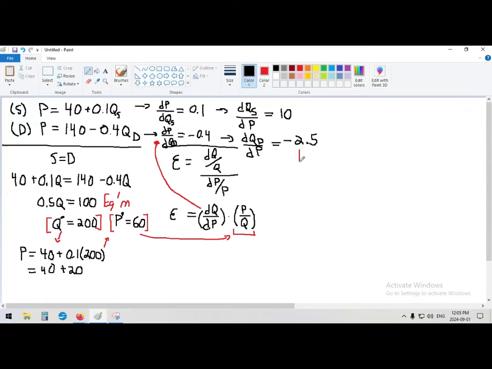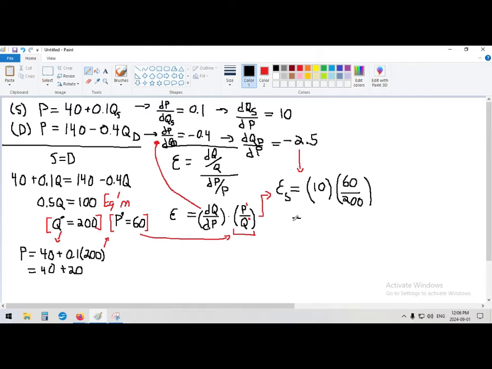Now that we have that work, we can combine everything together and figure out our elasticity for each curve. For supply, we just follow the equation. The change in quantity supplied from the change in price is the 10. And for the back, we have P star over Q star, so that's going to be 60 over 200.